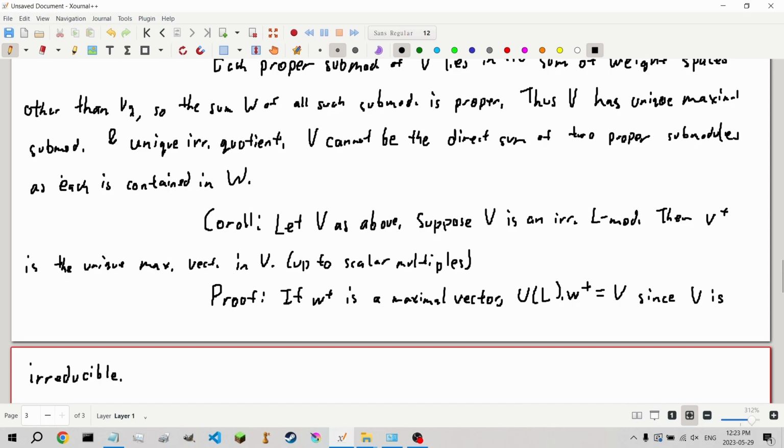Then the above theorem applies to both our V plus and W plus.